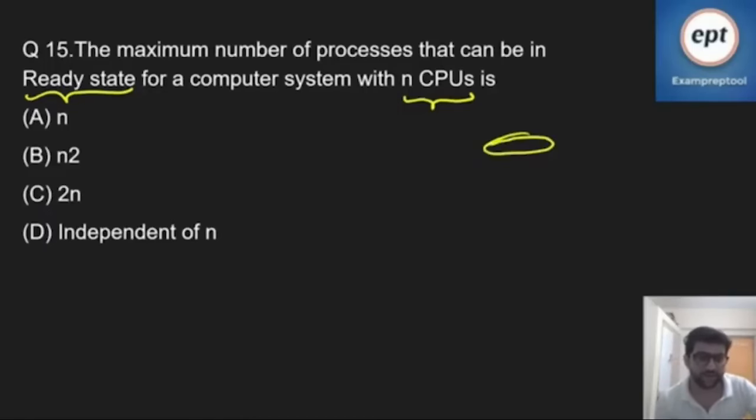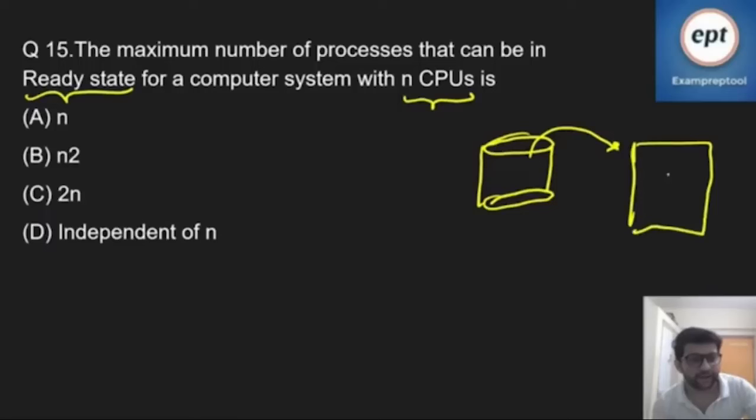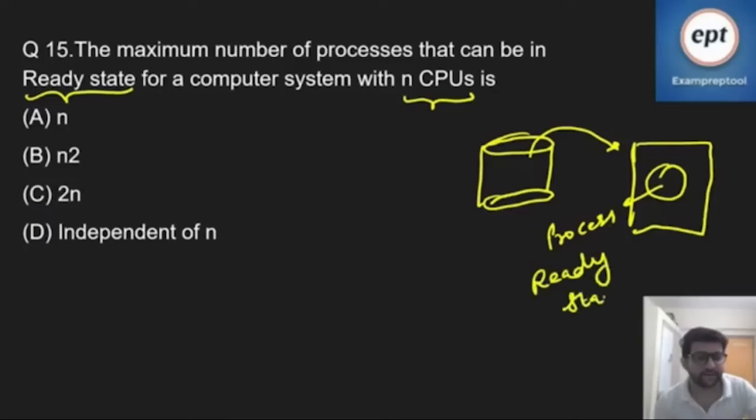So if we have this secondary memory and when the program is loaded to the main memory, it is known as a process and it is currently in the ready state, right?